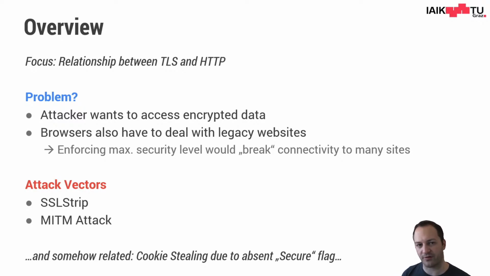And in both cases, the attacker tries to get in between what you're transferring. In the first case, with SSL strip, something you get familiar with in the practical, or as already said, the attacker can also not only see what you're transferring, but also, for example, steal your cookies as they are getting transferred over HTTP if there is no secure flag set.